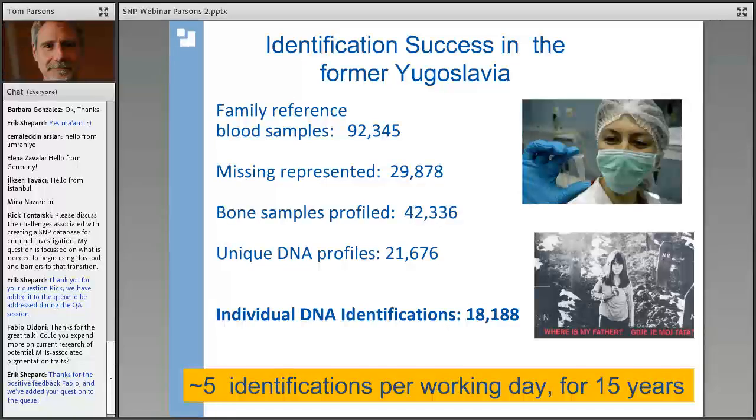Around 2001 or so, it began to be apparent that one could, using highly optimized methods, get STR profiles out of highly degraded bone samples with a certain success rate. And the ICMP was established to work in the countries of the former Yugoslavia to deal with some 40,000 missing persons, most of whom were present in or recovered from mass graves.